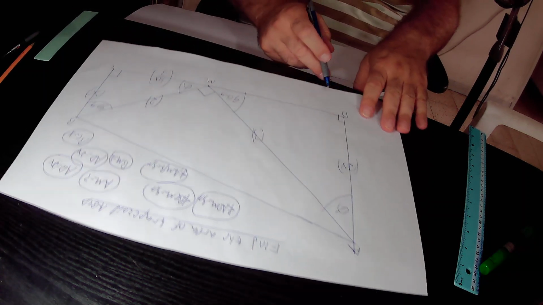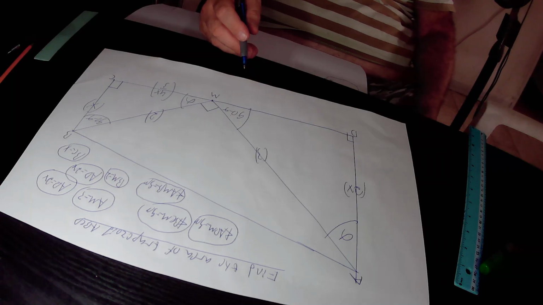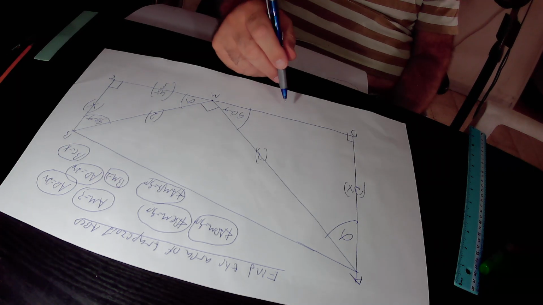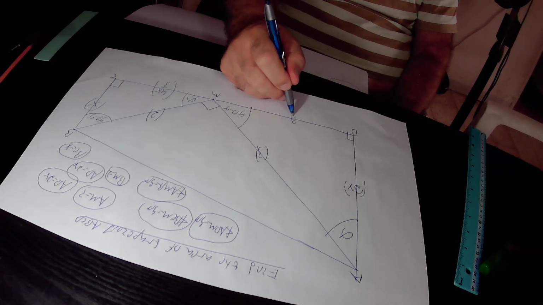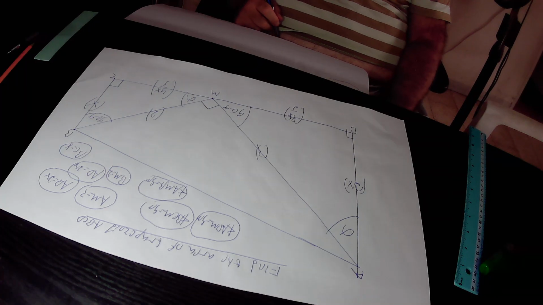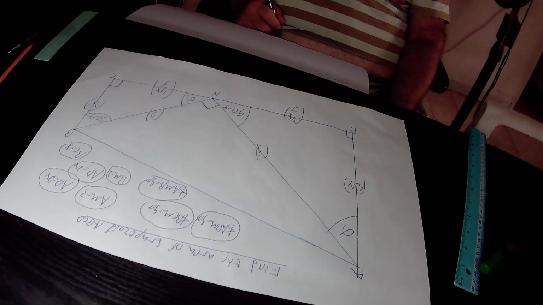So side DM equals 3x over 2 units in its length.